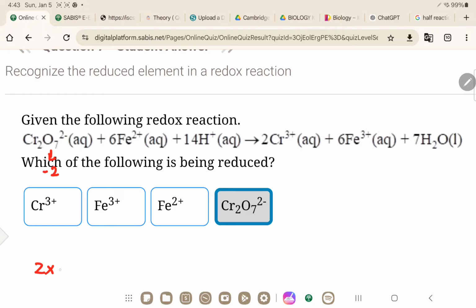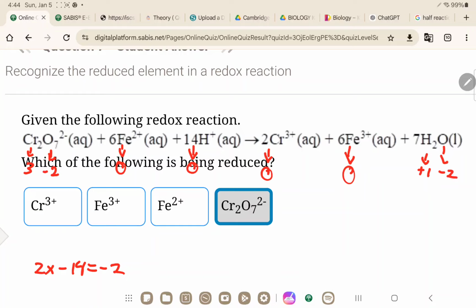So 2x is 2. So it's going to have an oxidation number of 3. Fe here has an oxidation number of 0 since it's an element. H also has an oxidation number of 0 since it's an element. Here, Cr has an oxidation number of 0. Fe also 0. Here, H has an oxidation number of positive 1, O negative 2.